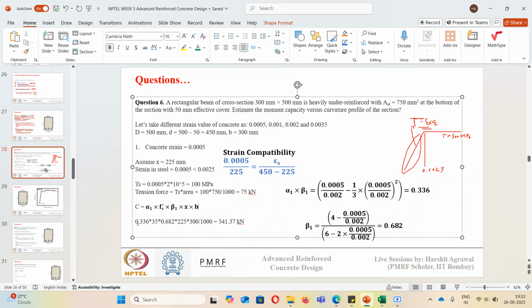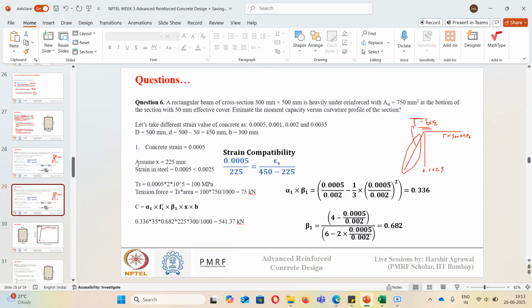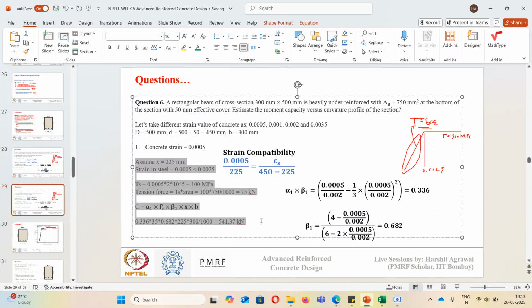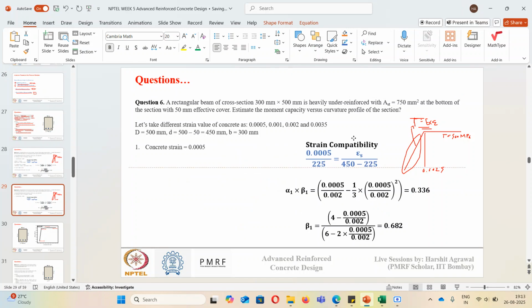So if the compression force is more than the tension force, that means we need to reduce the neutral axis depth. If the compression force is smaller than the tension force, that means we need to increase the neutral axis depth. So in this case we will decrease the neutral axis depth. I will just remove this part. The strain compatibility equation we will keep here because every time we need to use it.